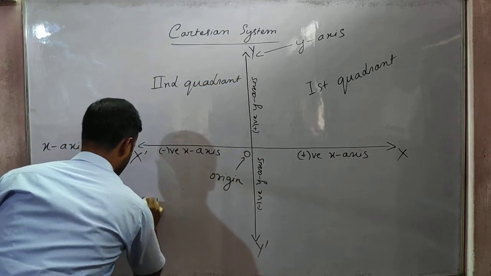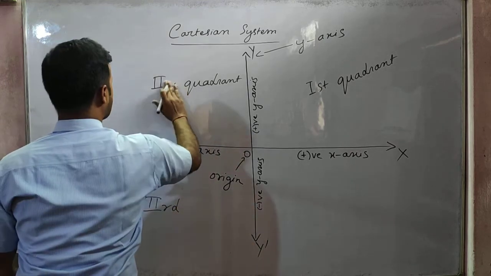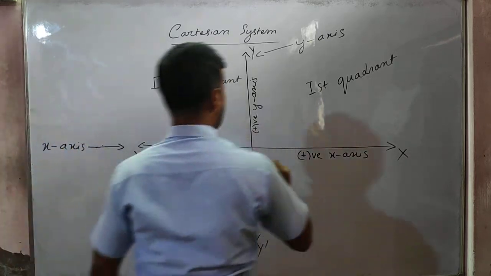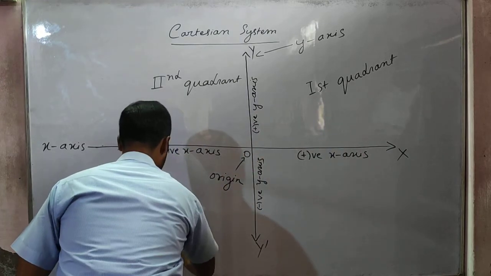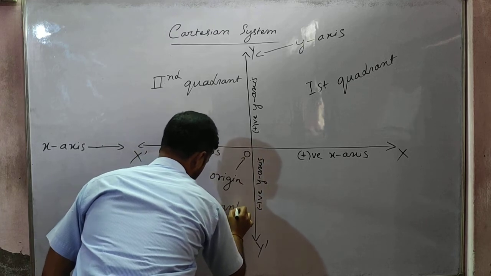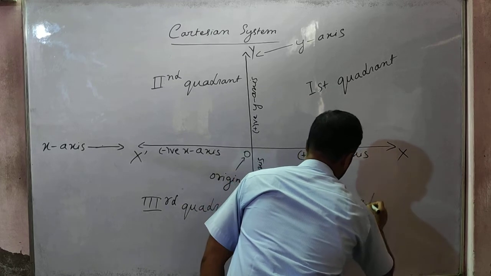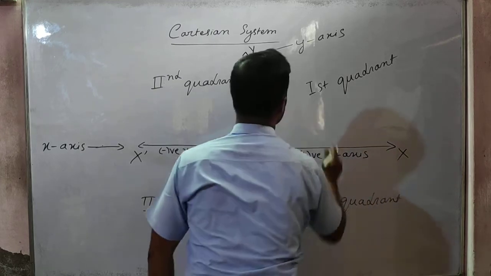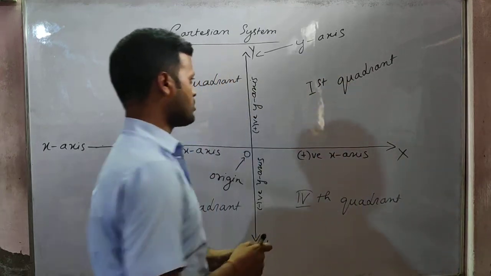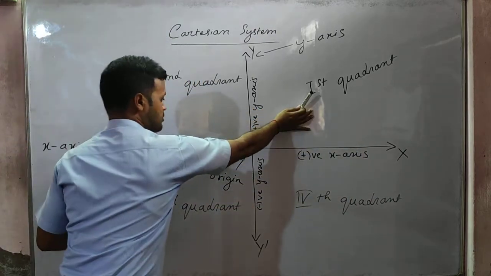This is called the third quadrant, and fourth quadrant. So this part is called the first quadrant.